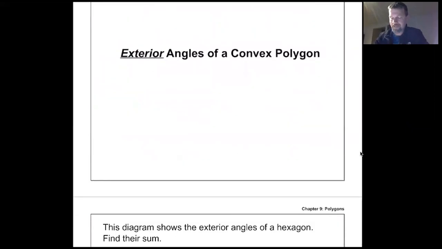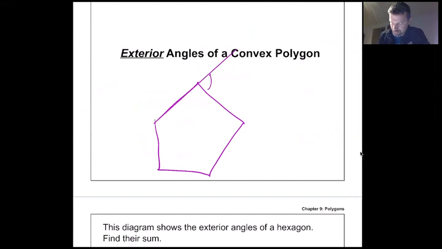All right. The exterior angles of a convex polygon. We should talk about the exterior angles for just a minute. I'm going to make some random polygon. An exterior angle is formed when I extend one of the sides and then I have an angle on the outside. That is an exterior angle.